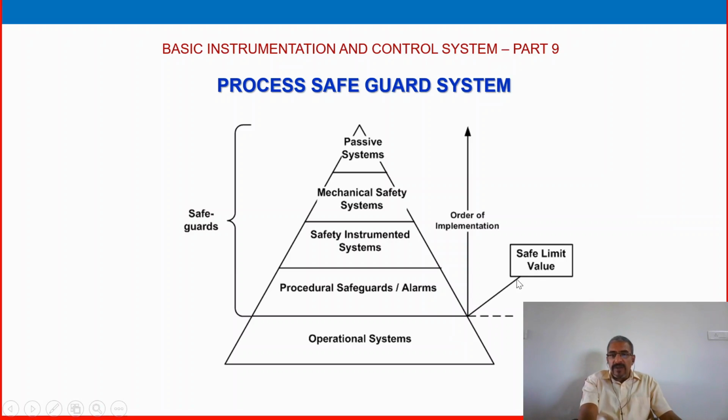So note this point: safe limit value. This is the operational set point. We have designed the parameters on the set point to operate level, pressure, temperature, flow, etc. In case any abnormality comes up from the designed operational condition, the procedural safeguards, alarms and trip system work to protect and keep the operational personnel, plant, asset and environment safe, and keep operation effective within the operating range, or to avoid any hazards in the operation field.